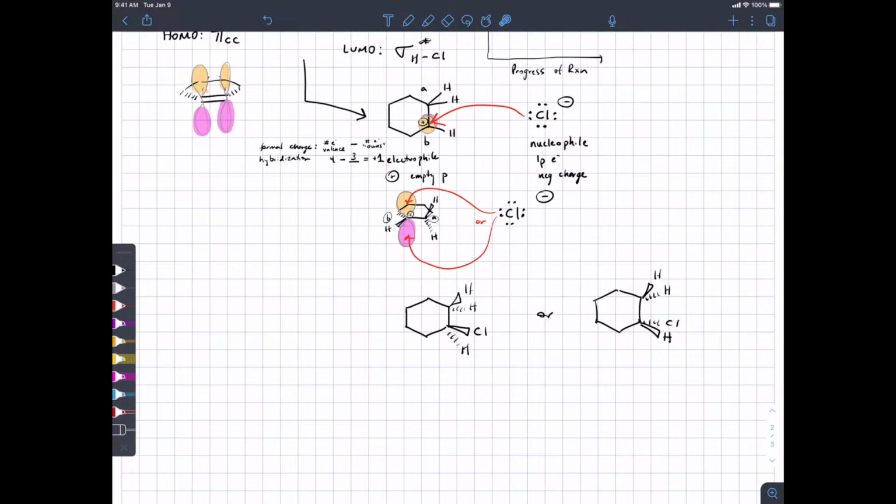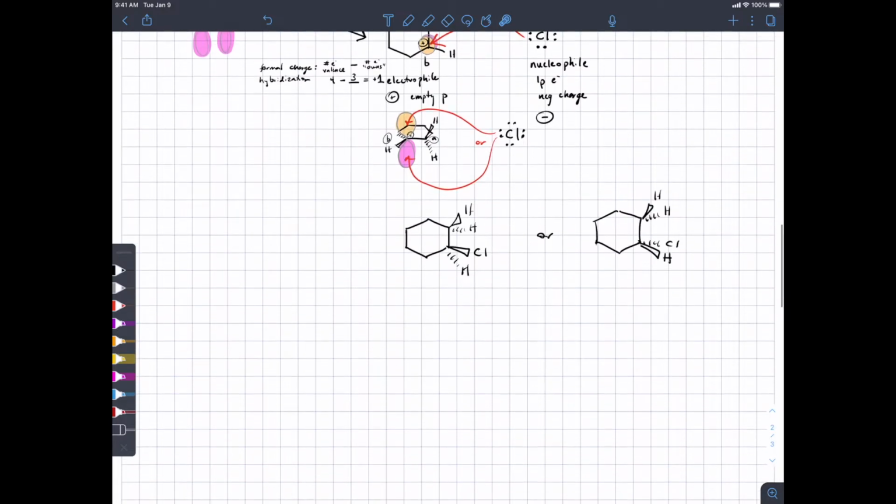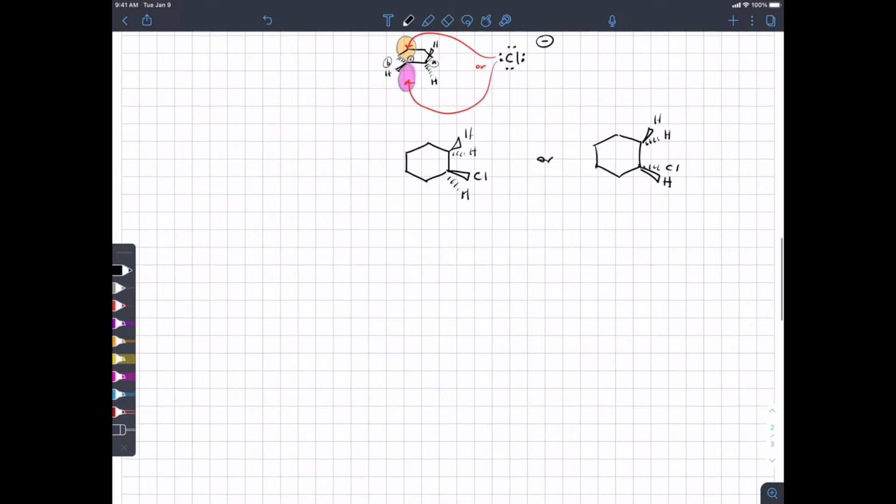Okay, maybe one last preview of reactions. I'm going to show you an aldehyde, and this is fine. We're going to continue to use, I can't decide what to do. Let's use this alkoxide nucleophile.